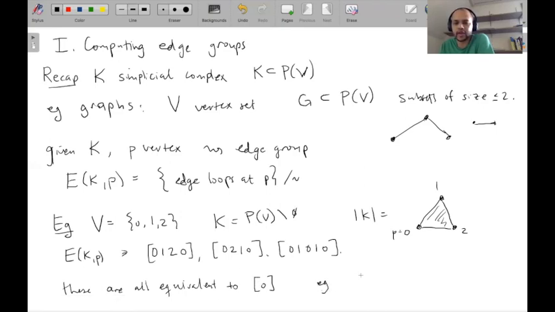So for example, 0, 1, 2, 0 is equivalent to, well, 0, 1, 2 bounds a triangle. So there's this move where we can just replace this with 0, 2, 0. And then since there's backtracking, 0, 2, 0 is equivalent to 0. Okay.